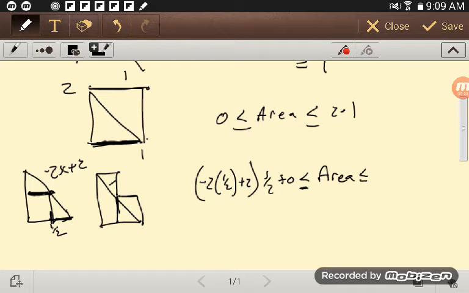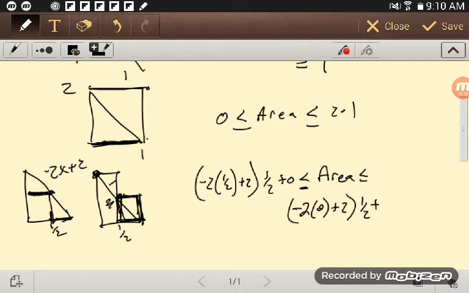And now this upper one I'll have to put down here because I don't have enough room. Again, see that's at 1/2, but you see we're going to evaluate this first rectangle at 0. So this is minus 2 times 0 plus 2, and then times 1/2, and then plus, and I have this rectangle over here.